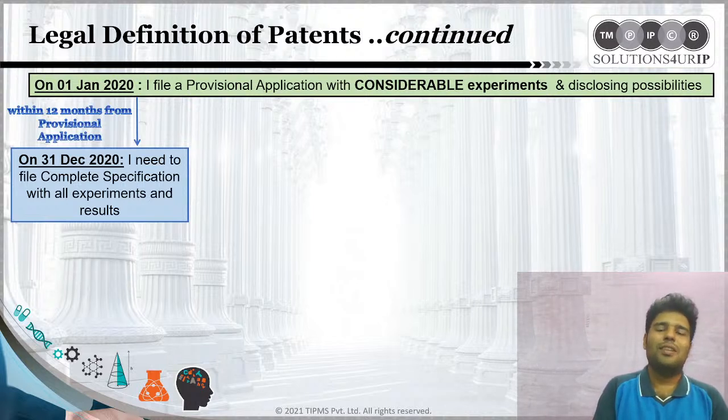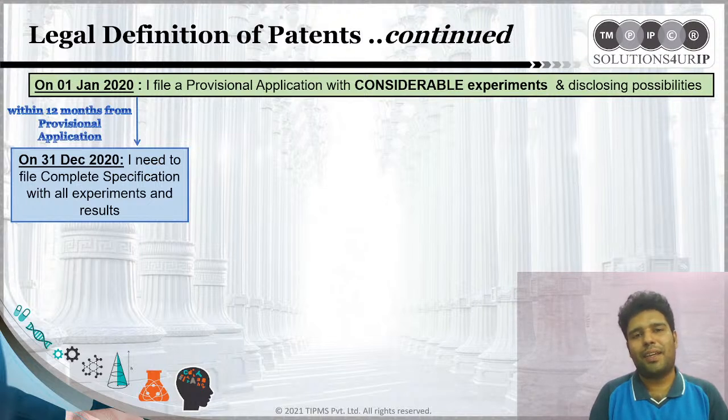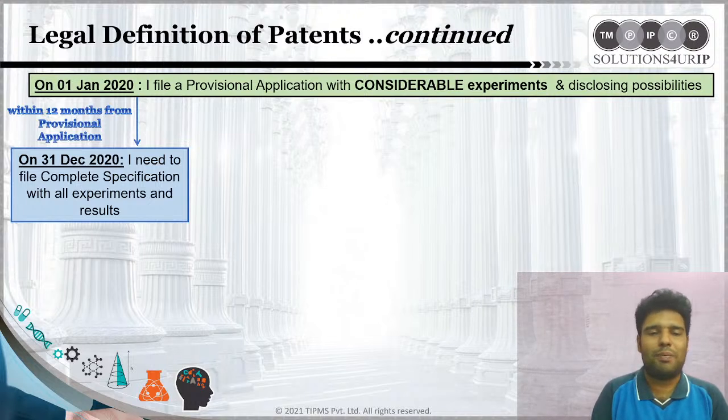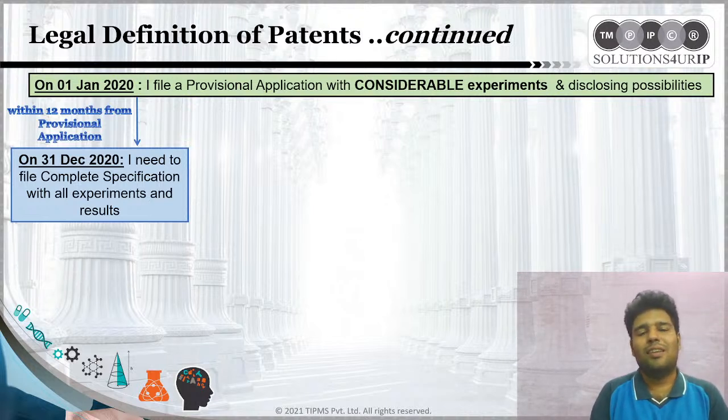For example, if you have filed correspondingly the same patent application under the Patent Cooperation Treaty and made a PCT application of this patent application, then you have to file form number 3 within 6 months of filing the PCT patent application.